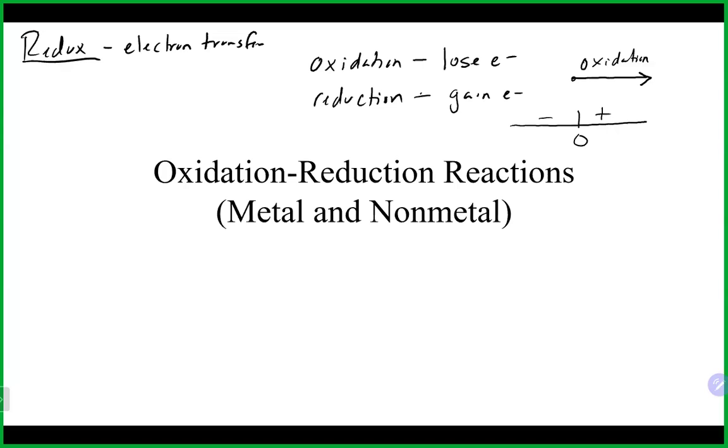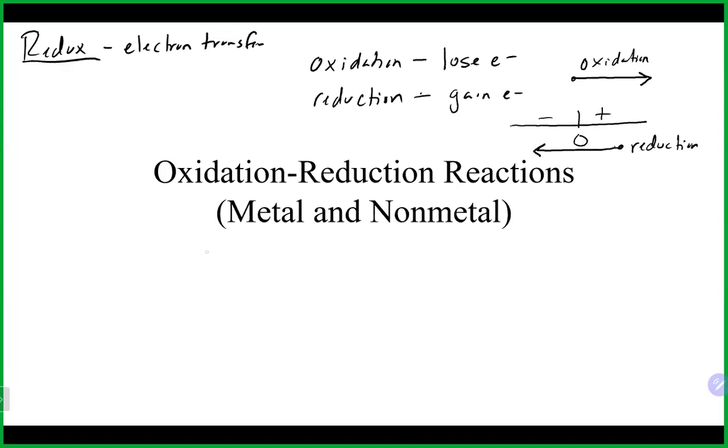Now, if you look at their oxidation number or state, and it starts to move towards the negative direction, that substance is going through reduction. It's the same idea. Reduction means that you have gained electrons, so you have more negatively charged electrons than positively charged protons, and you will become more negative. That's a really simple way to look at it.